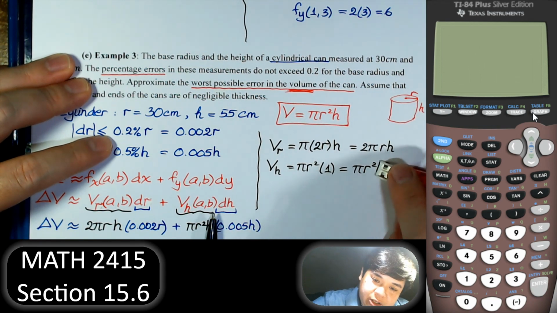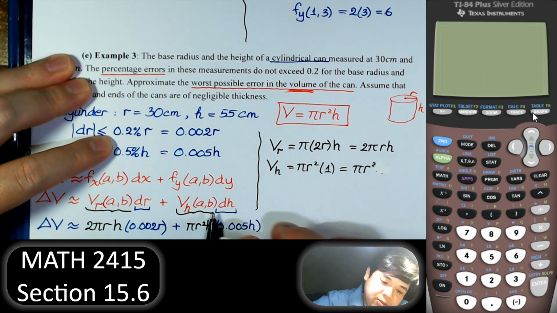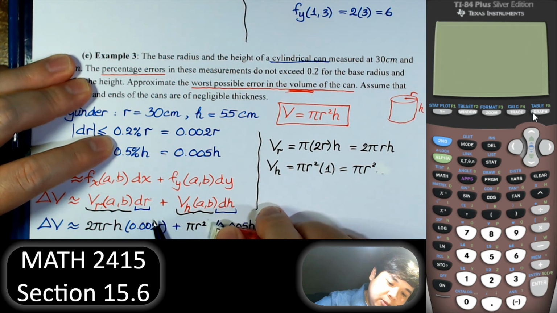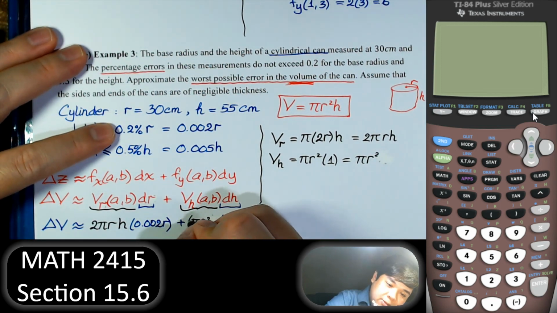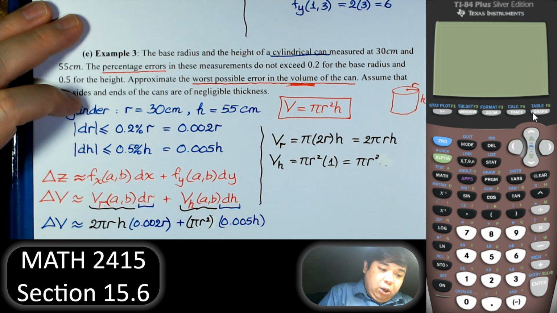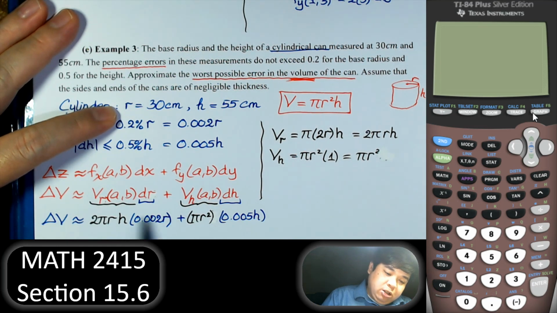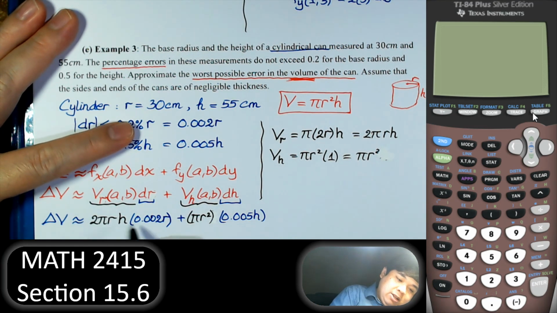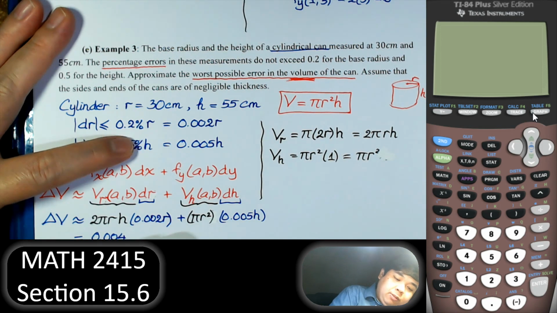Sorry, there's no h here, right? We do know r and h equal to that, but we're not substituting yet. Let's see what happens. That gives us 2 times 0.002 is 0.004, right?